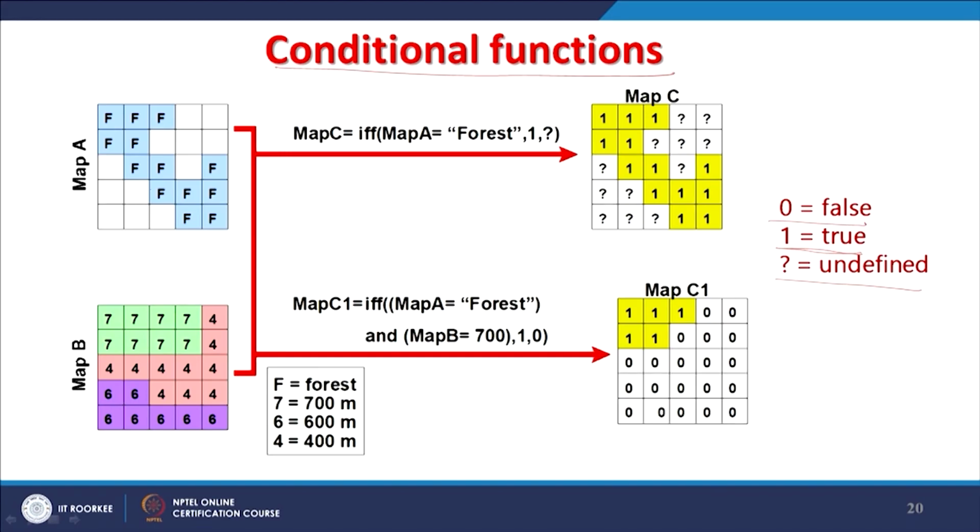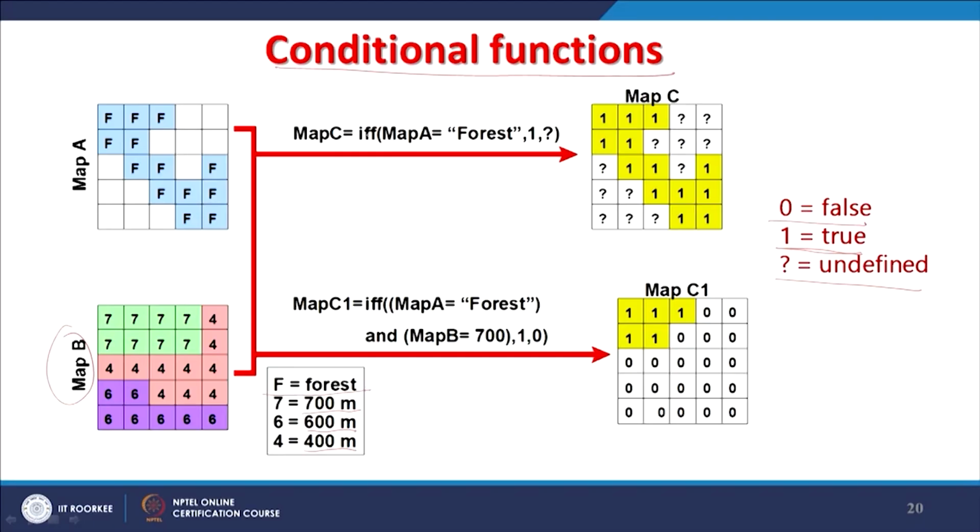Here in map A we have two values, one is forest, and another one has no value or no data, unidentified. In map B we have just 3 classes, all forest, with different values given: 700 meter, 600 meter, 400 meter.